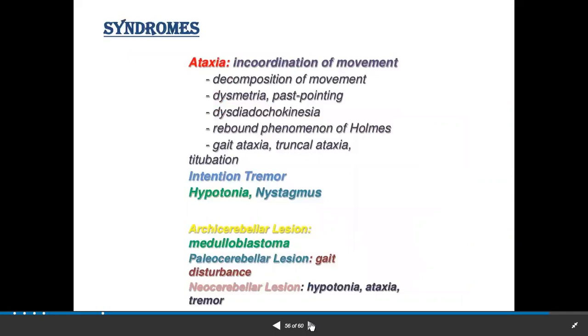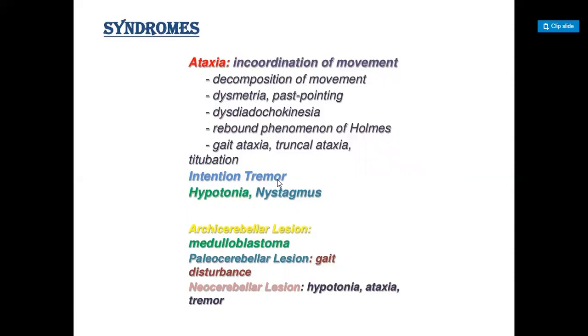Suppose the cerebellum is damaged, there are certain syndromes like ataxia. You will see incoordination of movement, decomposition of movement, dysmetria, past pointing. I'll show you a few pictures. Dysdiadochokinesia, rebound phenomenon of Holmes, gait ataxia, truncal ataxia, titubation, intention tremor. What is intention tremor?